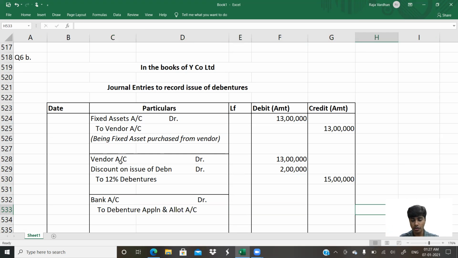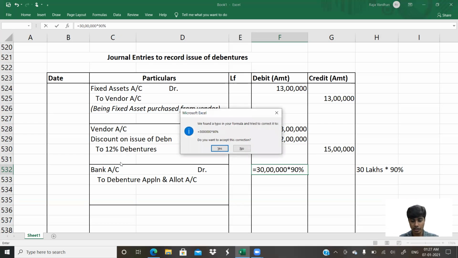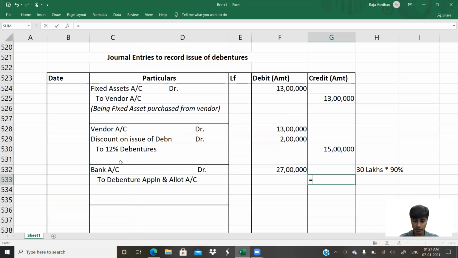How much did you receive? 30 lakhs into 90% is 30 lakhs multiplied by 90%. How much would that come to? That is equal to 30 multiplied by 90%. 27 lakh. 27 lakh is received. Yeah.